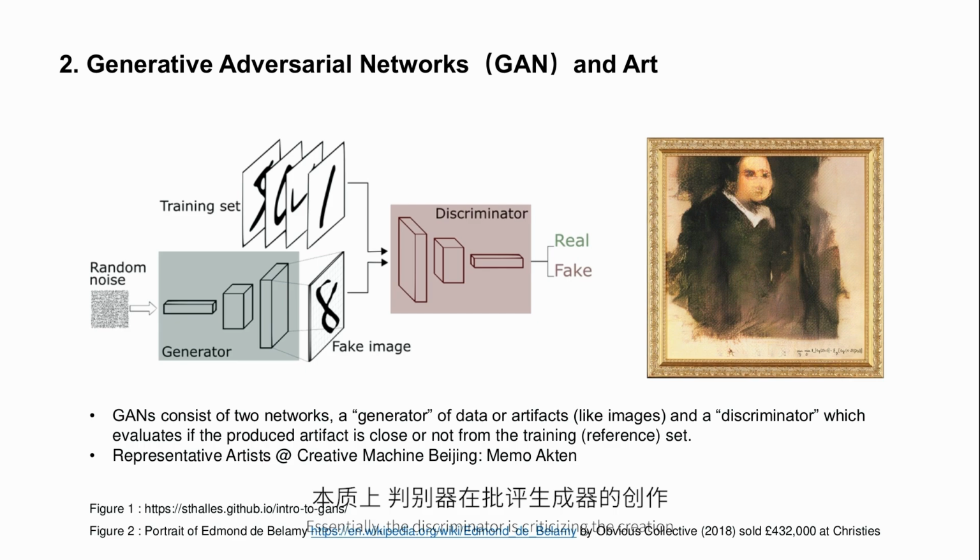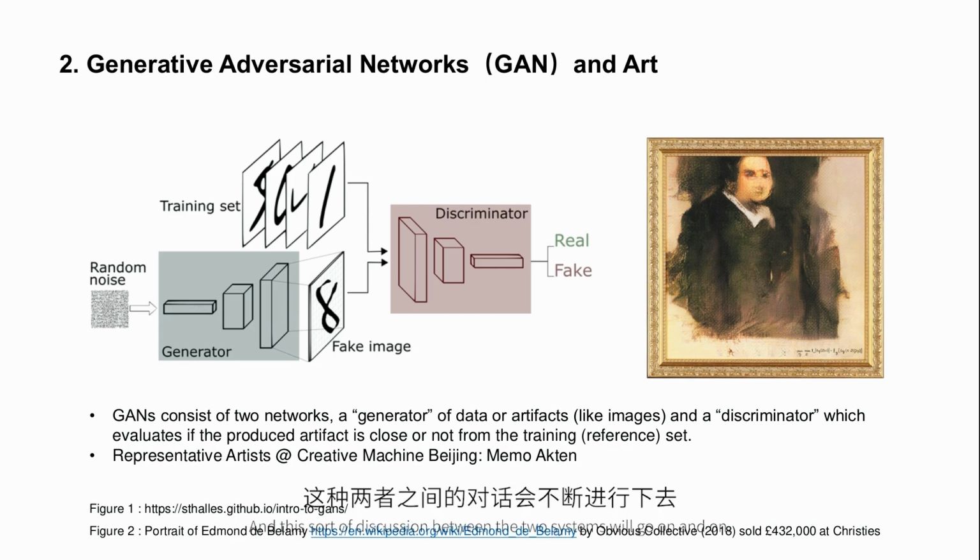Essentially the discriminator is criticizing the creation by the generator and is trying to tell the generator, well, what you've done is really the result of a machine. It doesn't correspond to a real calligraphic trace as produced by a human. And the generator will take that into account and then modify a little bit its learning and try to improve.